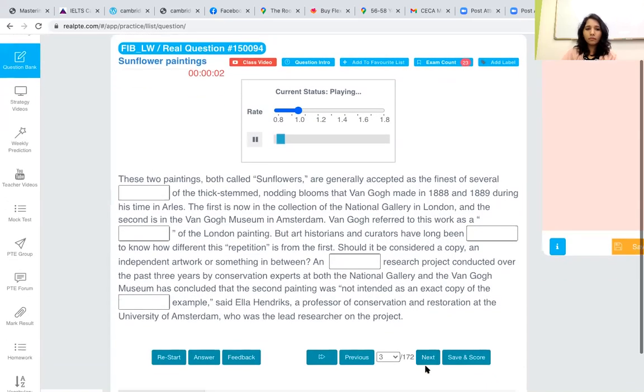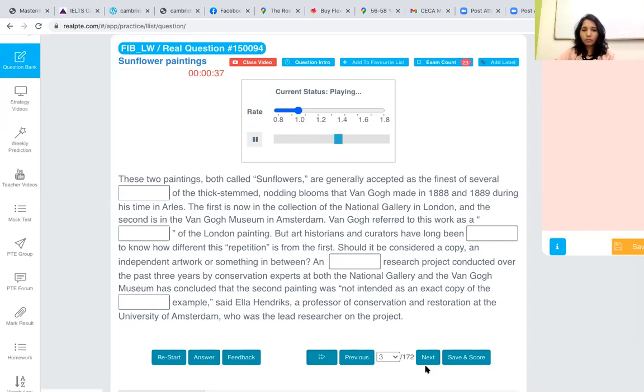These 2 paintings, both called sunflowers, are generally accepted as the finest of several depictions of the thick-stemmed, nodding blooms that Van Gogh made in 1888 and 1889 during his time in Arles. The first is now in the collection of the National Gallery in London, and the second is in the Van Gogh Museum in Amsterdam. Van Gogh referred to this work as a repetition of the London painting, but art historians and curators have long been curious to know how different this repetition is from the first.